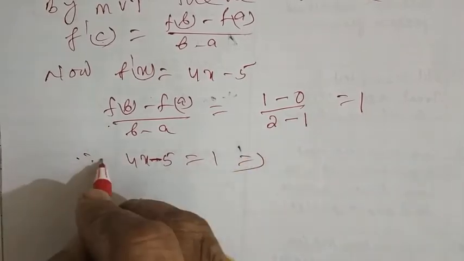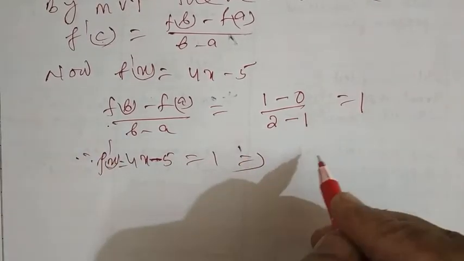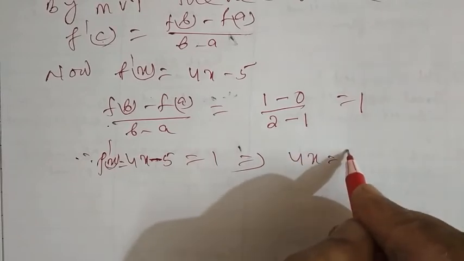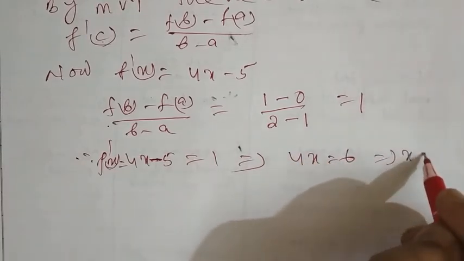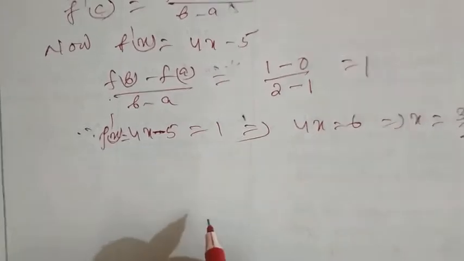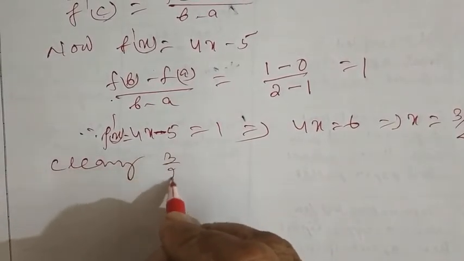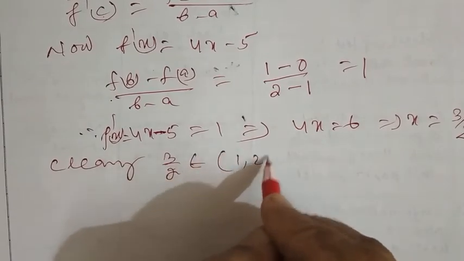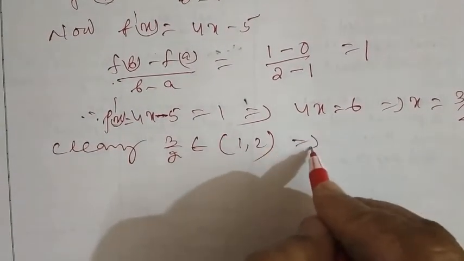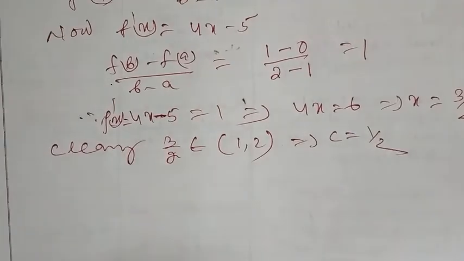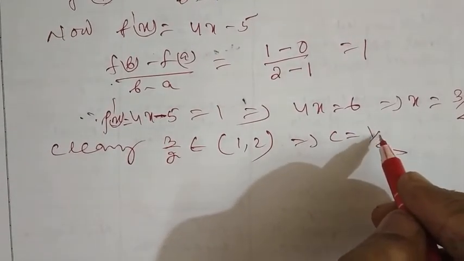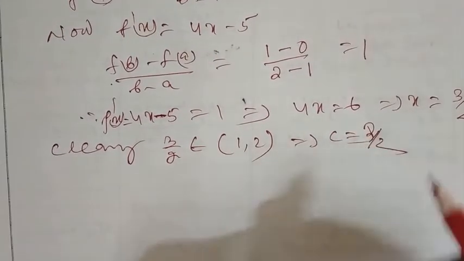That gives me 4x equal to 6, x equal to 3 by 2, and clearly 3 by 2 belongs to (1, 2). That gives me c is 3 by 2.